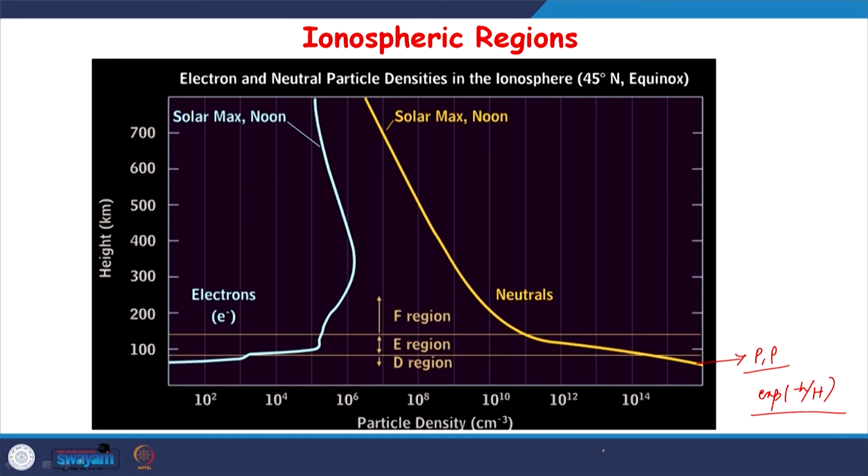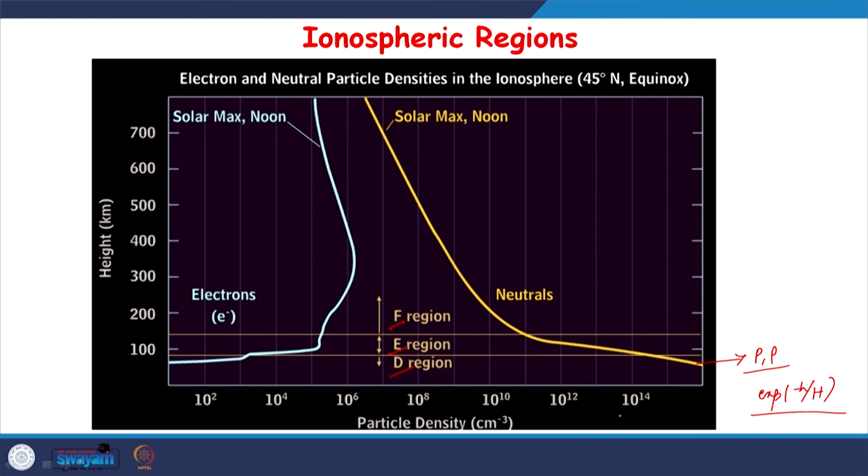On the left hand side you have the electron density, which is not exponential in nature, a totally different kind of behavior compared with the neutral species. You see different distinct layers: the D layer, the E layer and the F layer. This is the basic comparison between the electron densities and the neutral species.